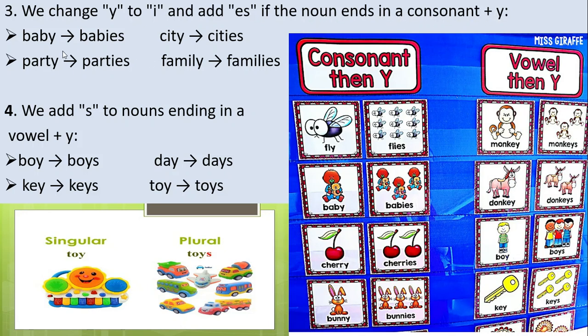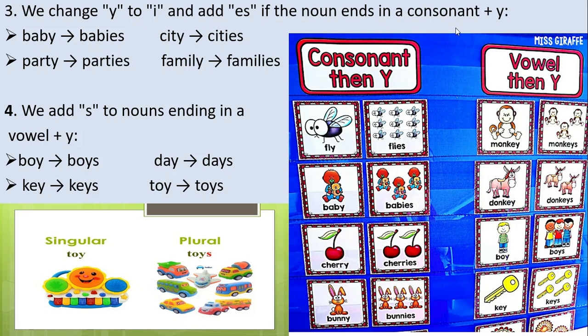It means if y is used at the end of a word, and before that y a consonant letter comes, what will we do? We change y into i and add es.